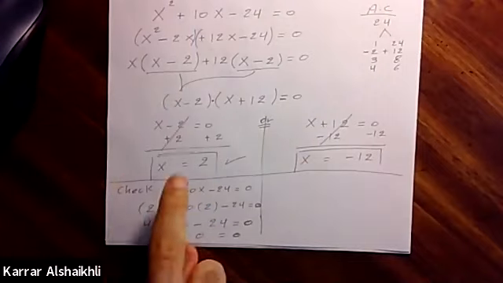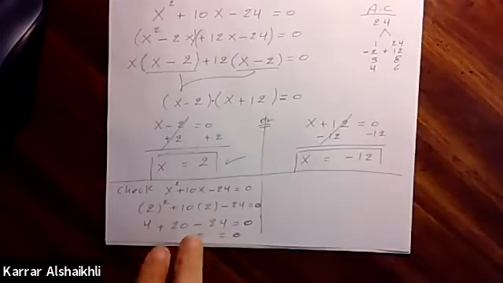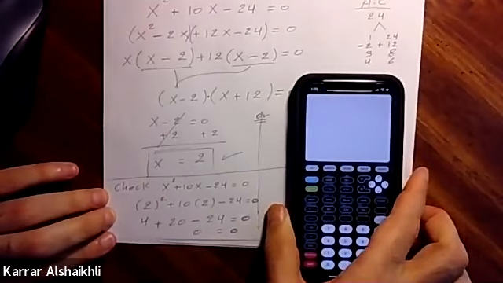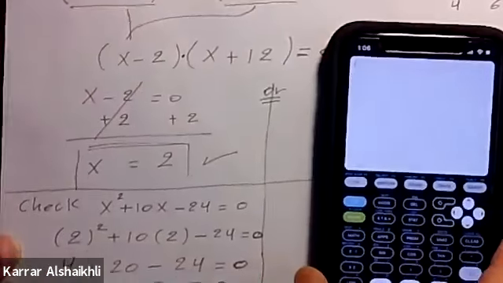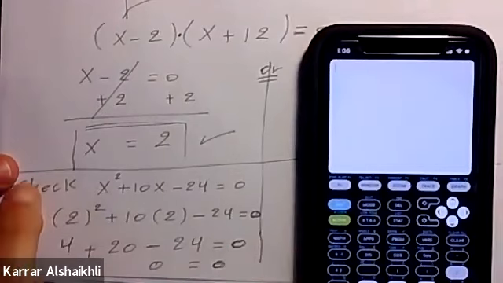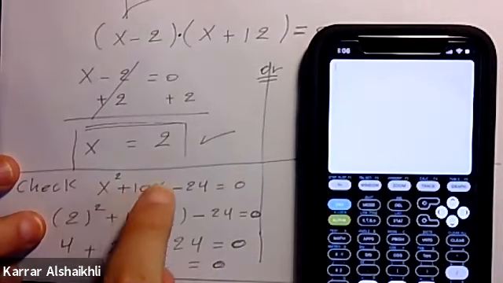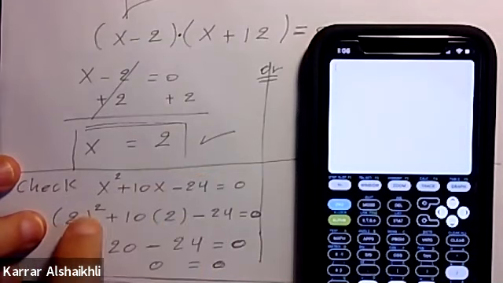To do this more easily, you don't have to do these steps. You can use the calculator to make everything easier for you, you see? So I'm going to plug in exactly the same thing. Plug in the 2 instead of each x, then open parentheses, I'm going to say 2, close the parentheses.